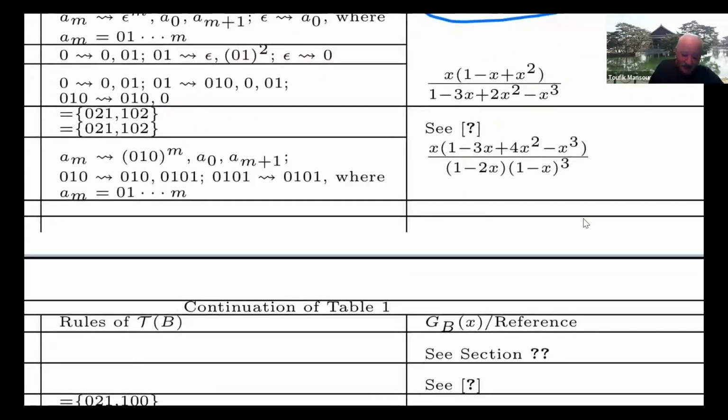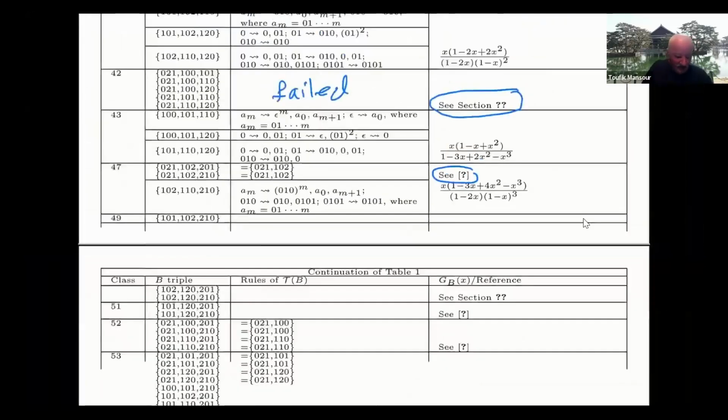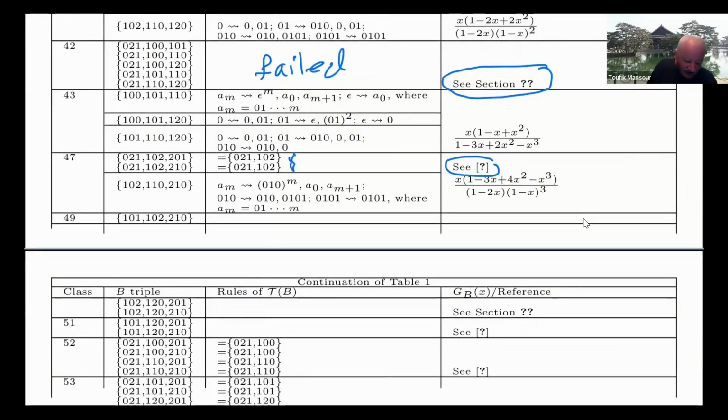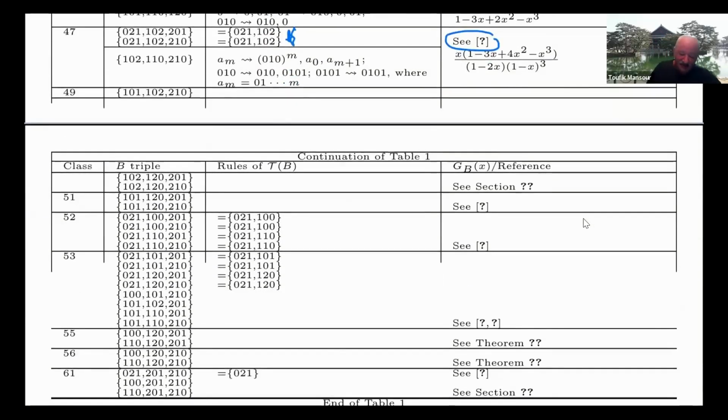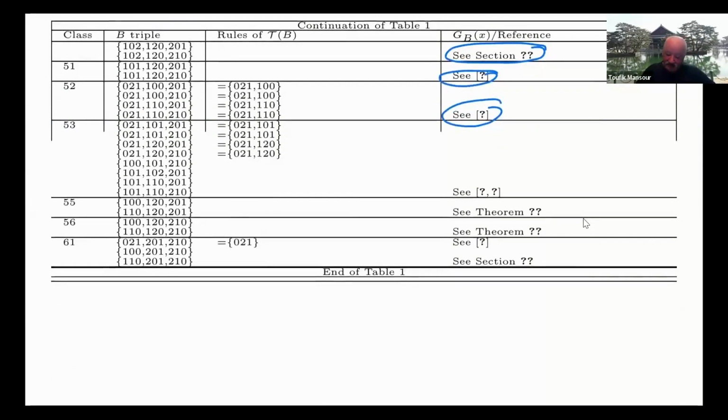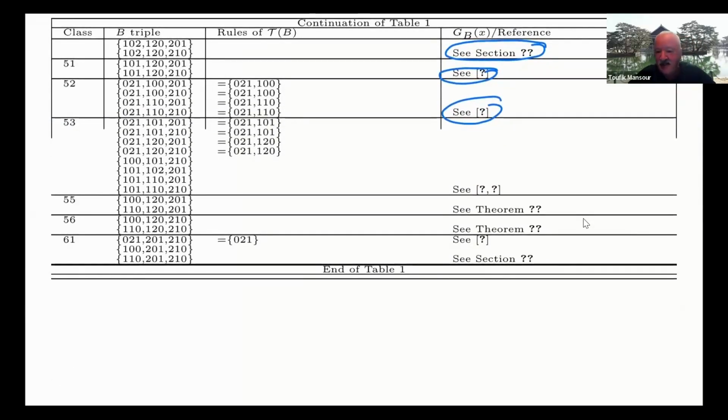And here, as you see, also this means these two cases were done by someone. So again, as you see also here, there is not a small number of cases that need to be covered.